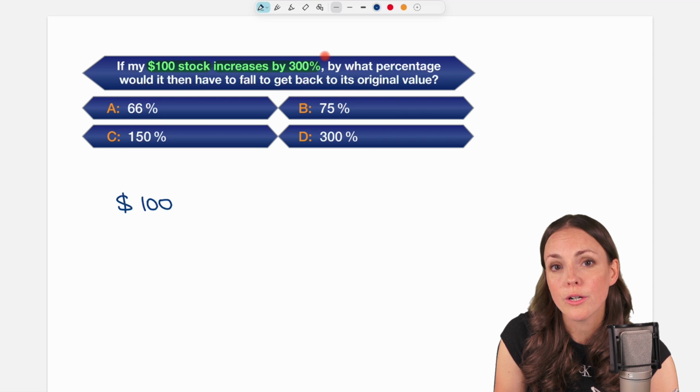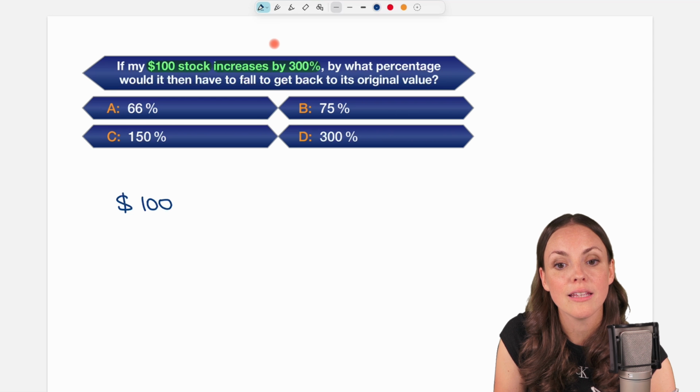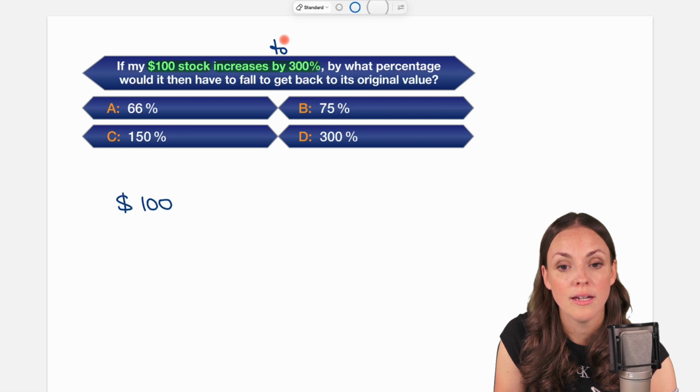And if we work with percentages, there are two little words. One is "by", and the other one is "to". So there is a difference if you want to increase something by 300% or increase something to 300%. So we have to be aware of this, that we have this little word "by" here.